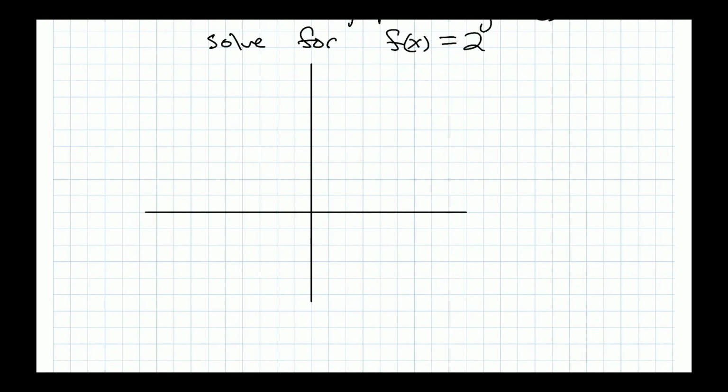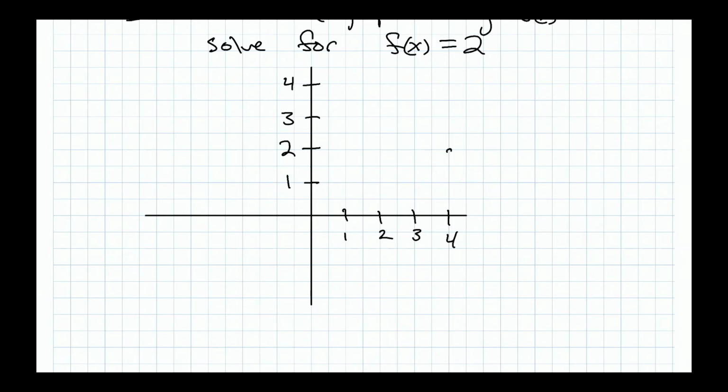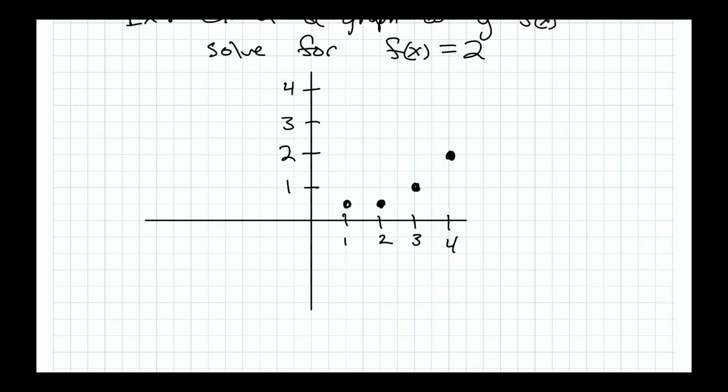Okay, so what do I want to do? I want to go 1, 2, 3, 4, 1, 2, 3, 4. I'm going to put some points on here. I'm going to put this point, this point, this point, this point, this point, this point, this point, this point, this point.